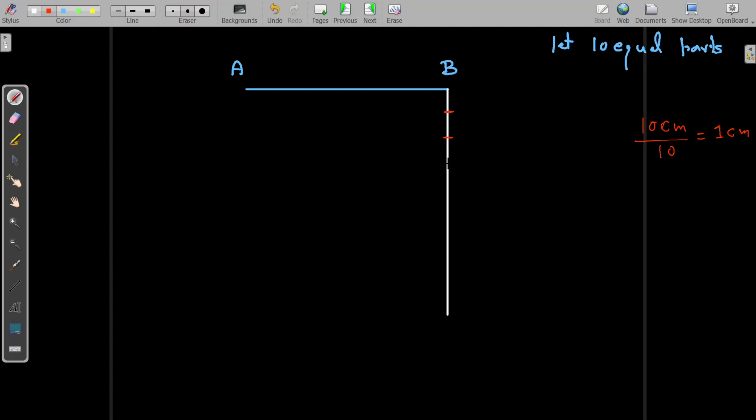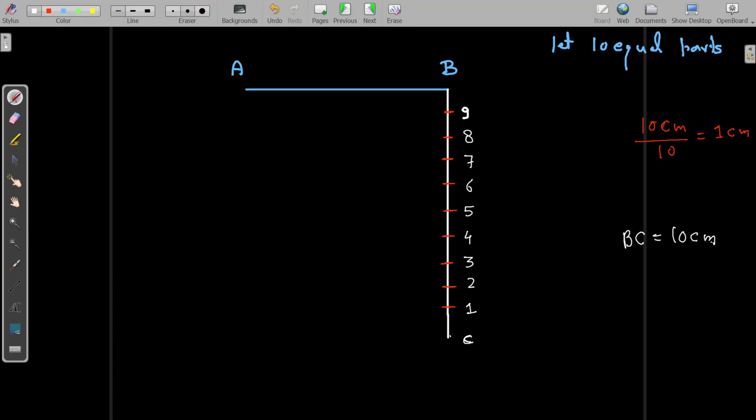So let us say 1, 9, 8, 7, 6, 5, 4, 3, 2, 1, and this point is, let us say, C, so BC. The length of BC, in this case I have taken 10 centimeter.